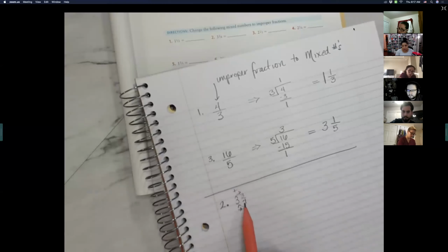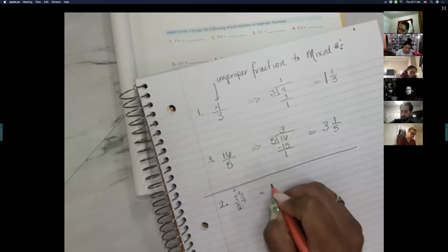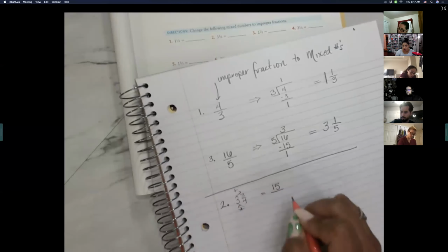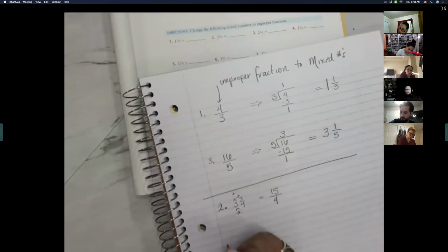So 4 times 3 is 12, plus 3 is 15. So we put the 15 on top in the numerator position, and we keep our denominator. So our denominator was 4. If you just follow the triangle and you keep the denominator, it's going to work every time.